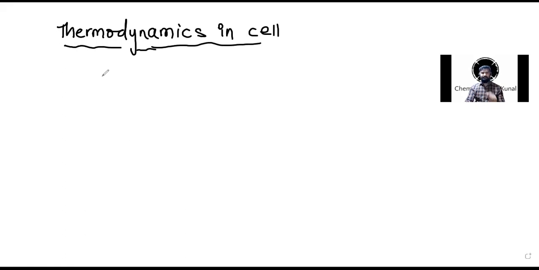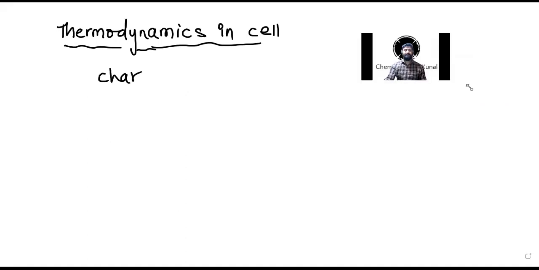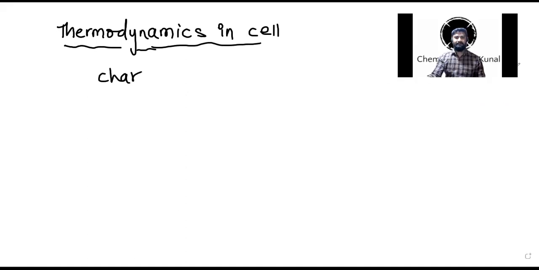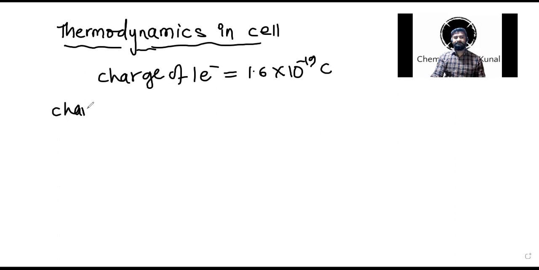What's the charge of one electron? As we are aware, charge of one electron is 1.6 into 10 to the power minus 19 coulomb. So what's the charge of 1 mole of electron?